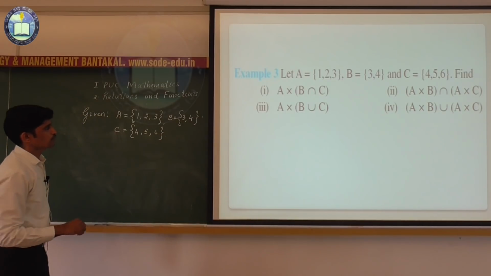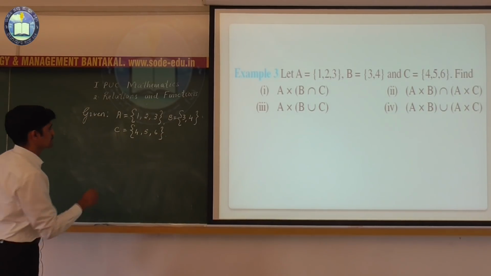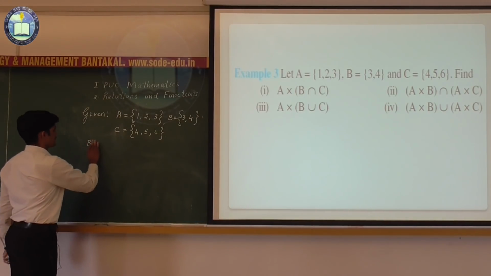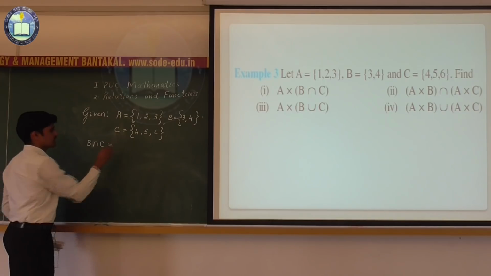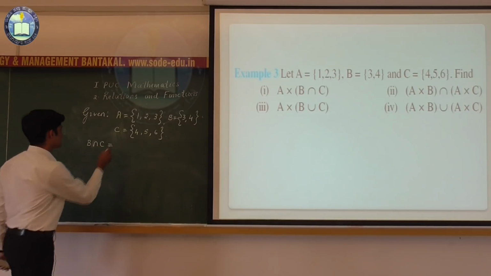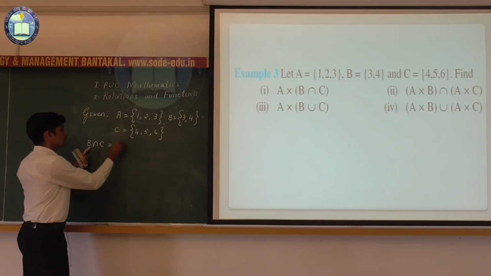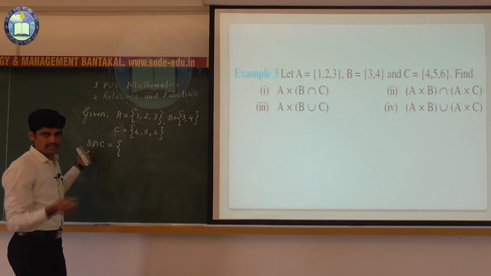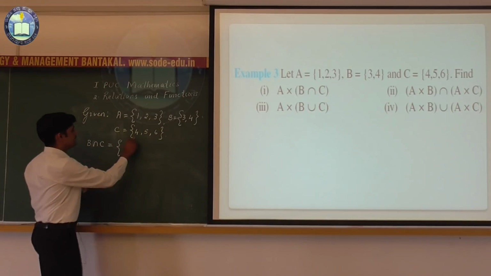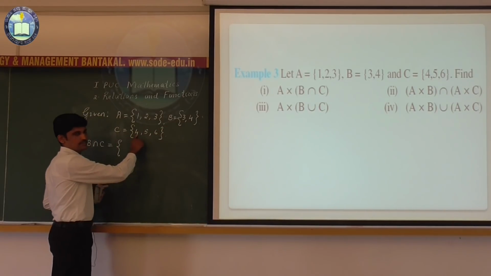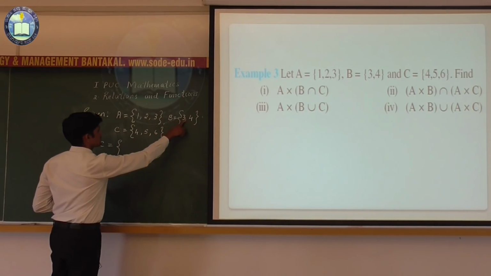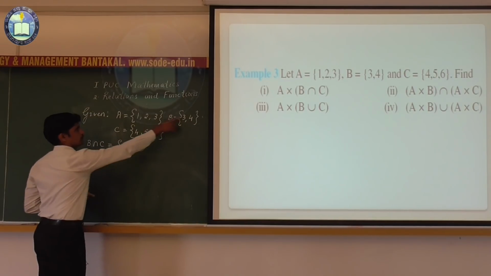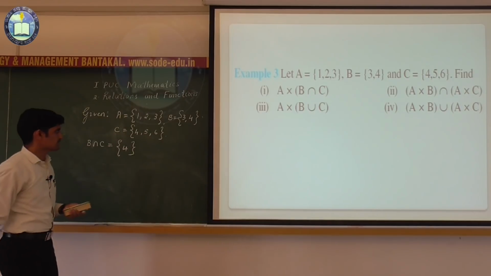Now, first we have to find A cross (B intersection C), for which first we have to find B intersection C. We have already studied intersection of two sets in the last chapter. So B intersection C gives the set of all elements present in set B as well as in set C. So B intersection C is the common elements in set B and set C. That is, 3 is not common, 4 is the common element among set B and set C.